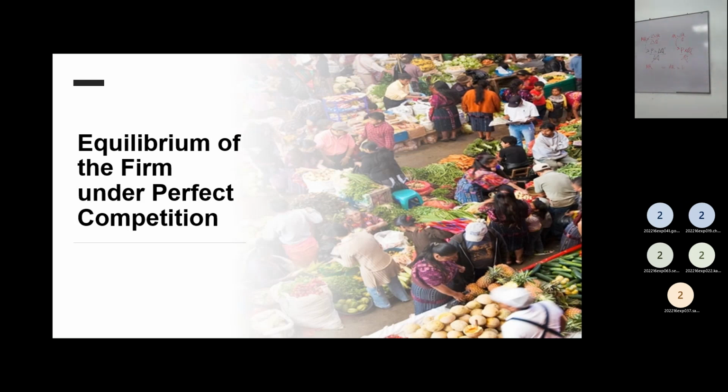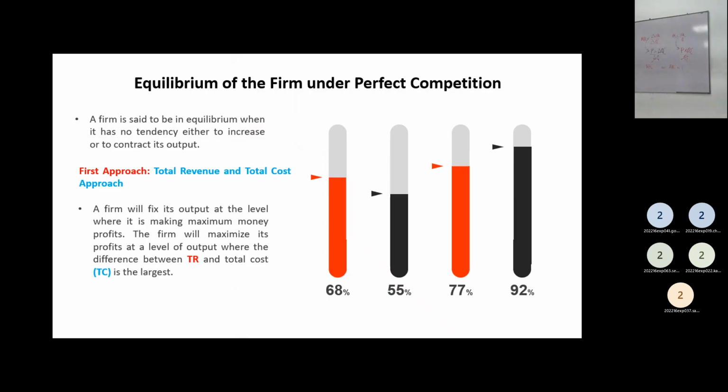When we analyze this equilibrium, we basically have two profit maximization approaches. The first one is the total revenue and total cost approach, and the other one is the marginal revenue versus marginal cost approach.